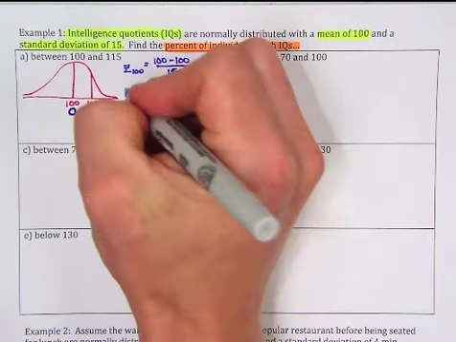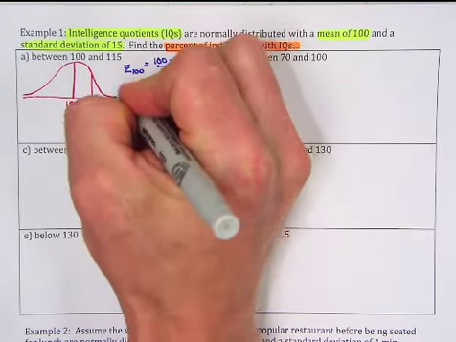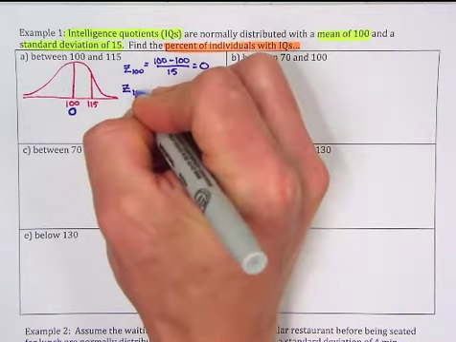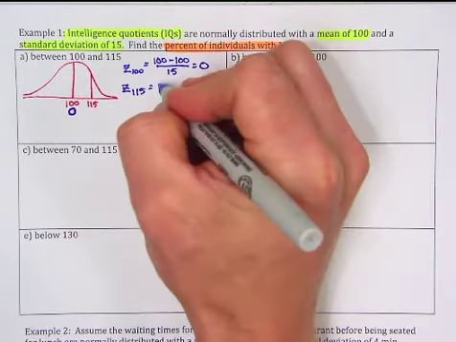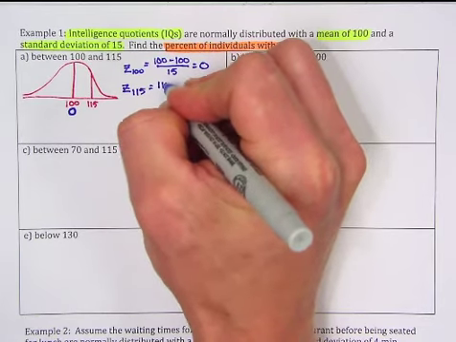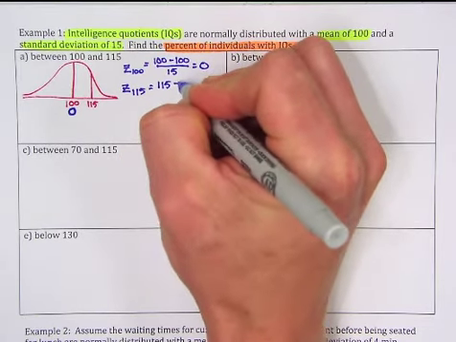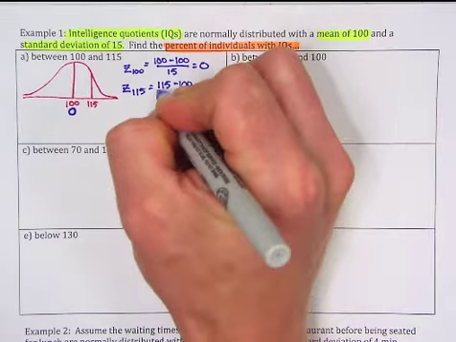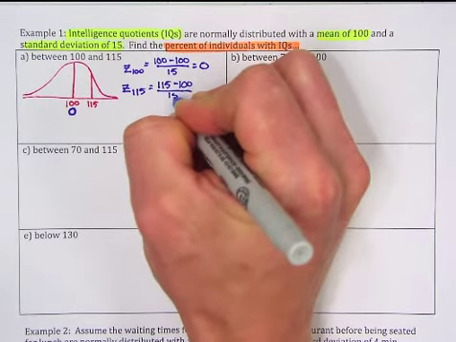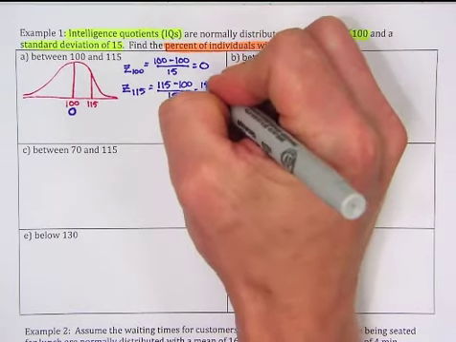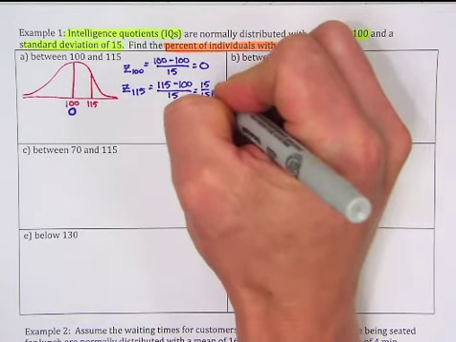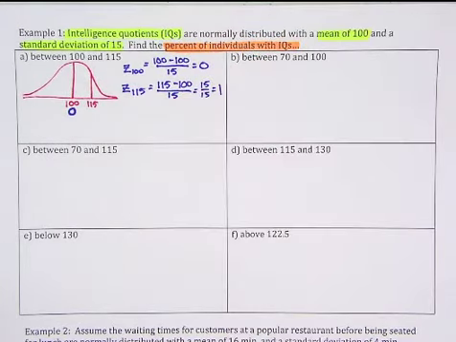And then we want to find the z-score for 115. And so we take the piece of data 115 minus the mean of 100 divided by the standard deviation of 15. And here we get 15 over 15, which equals 1.